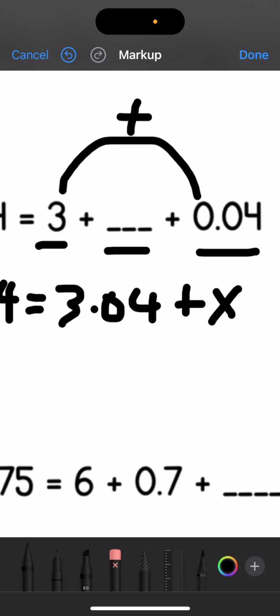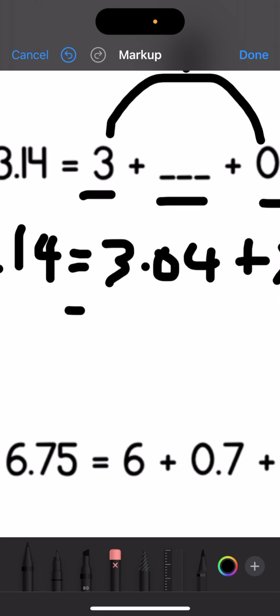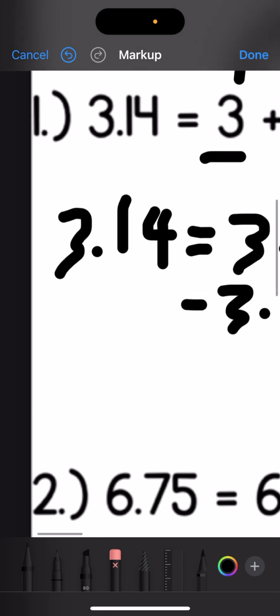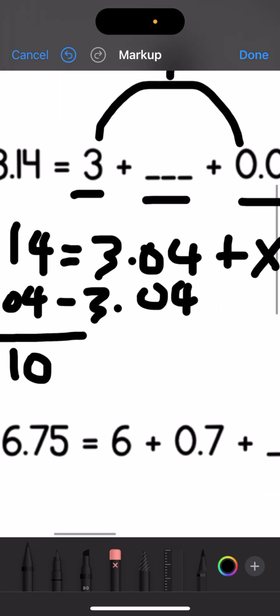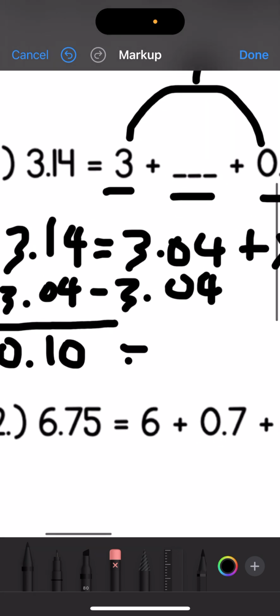Let's call that x. So we're going to subtract 3.04 from both sides to isolate the x. Put that decimal there, that'll be 0. This will be 1, and this will be 0. So that blank will equal 0.1.